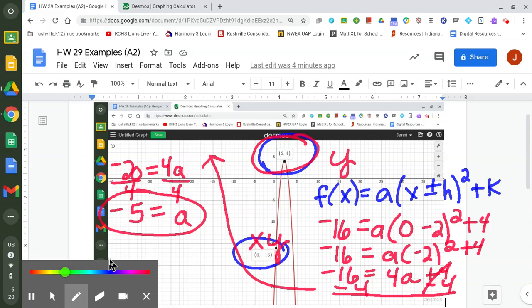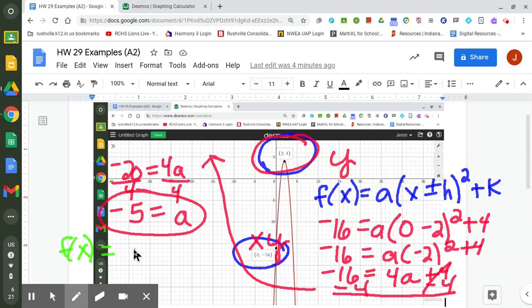So here's my f of x equals, and then I had a was negative 5, x minus 2, that quantity squared, and then my plus 4. So I had to do all of that work to find my equation of that graph.